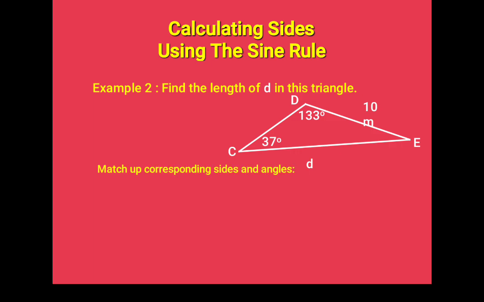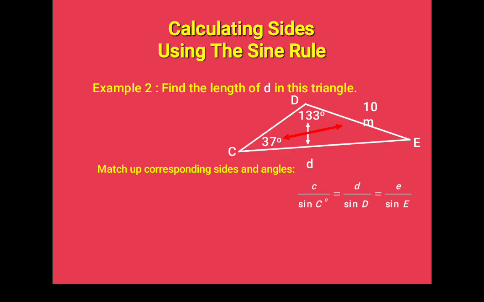To do that, first of all, we need to match the corresponding sides and the angles. Angle D is directly opposite side d, and angle C is directly opposite the side marked 10 meters.